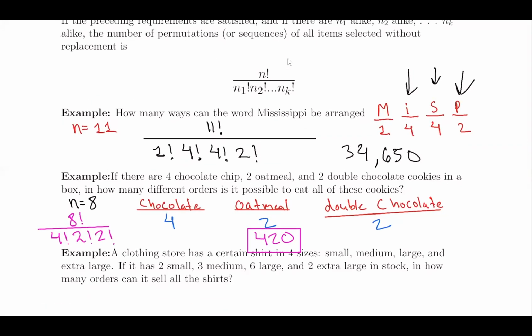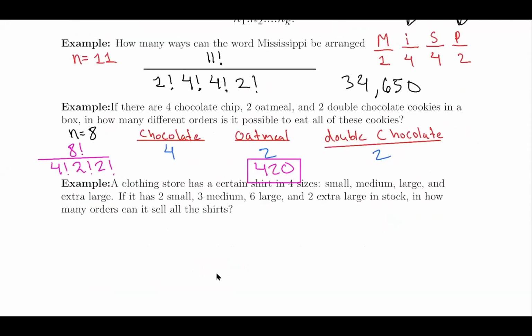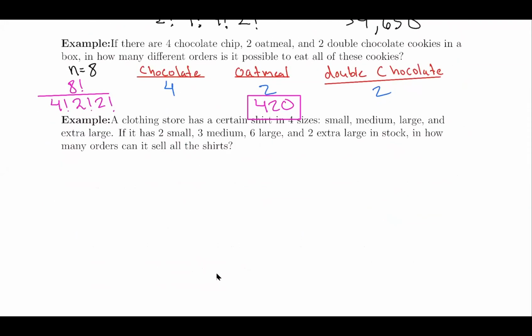All right, so everybody should have gotten 420 for that second problem. Any questions in regard to that second problem? No. All right, so what I want you to do is practice on this next problem. It's the same thing. It'll be permutation with items that repeat.